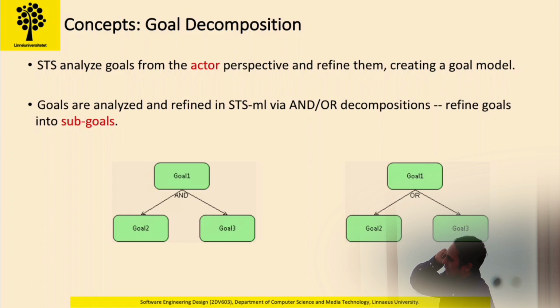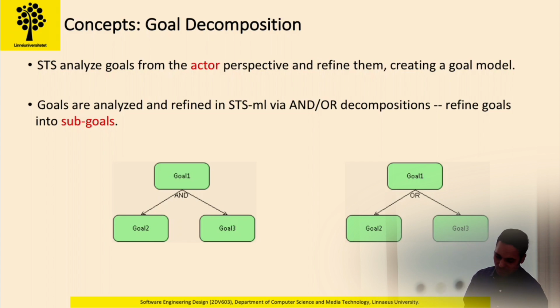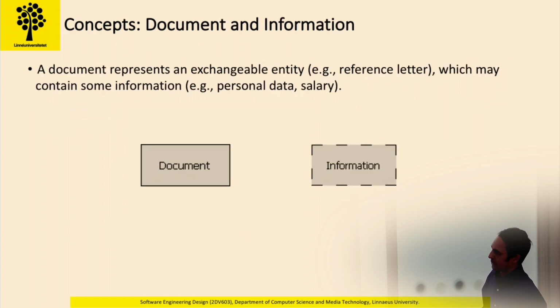And for the OR decomposition, if we want to achieve goal 1, we can achieve it either by achieving sub-goal 2 or by achieving sub-goal 3. And this is also a very highly used notation in this tool.